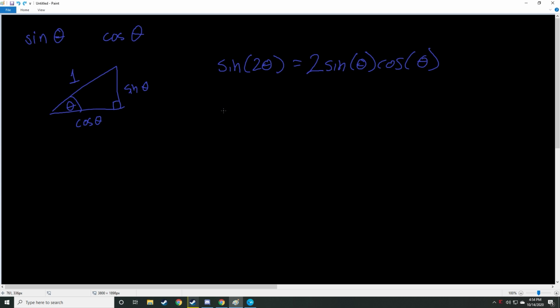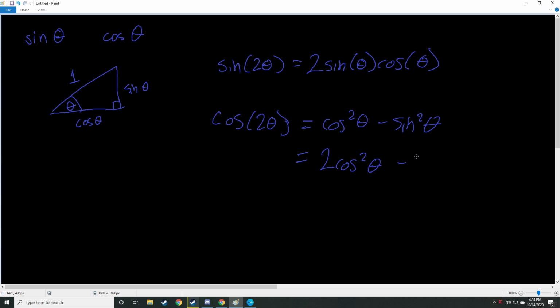Now cosine has a few double angle identities. Cosine of 2 theta is equal to cosine squared of theta minus sine squared of theta. That's one of them. It's also equal to 2 cosine squared of theta minus 1. And it's also equal to 1 minus 2 sine squared of theta.